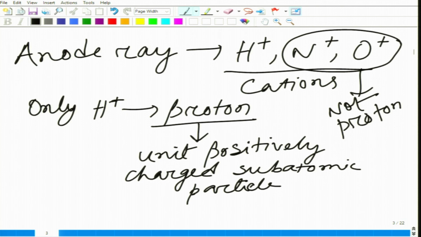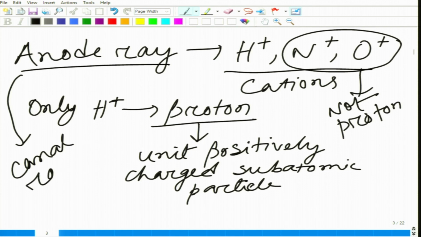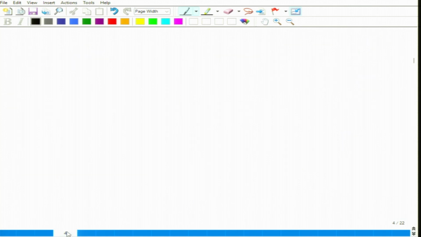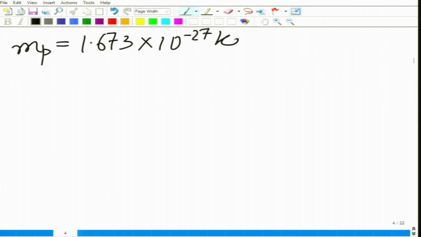One thing I didn't mention in the last class was that these anode ray particles were also called canal rays. Why? Because we have seen that the mass of proton is equal to 1.673 into 10 to the power minus 27 kg, whereas the mass of electron is 9.1 into 10 to the power minus 31 kg.